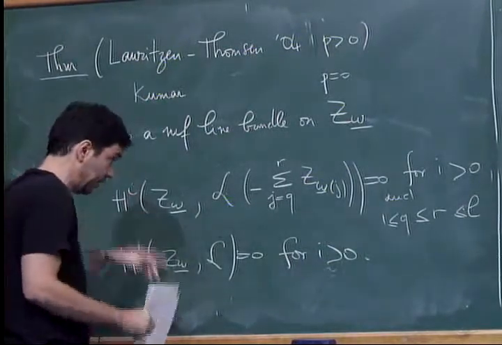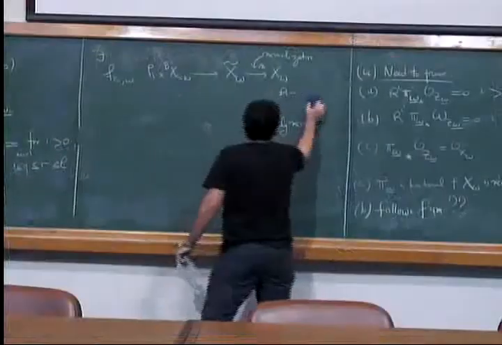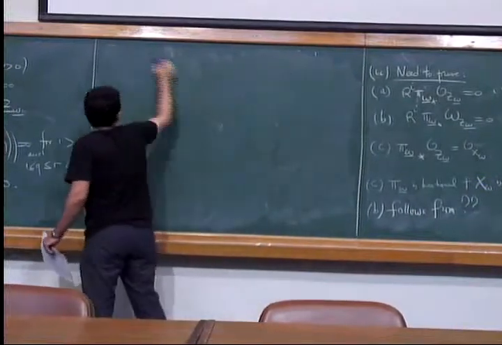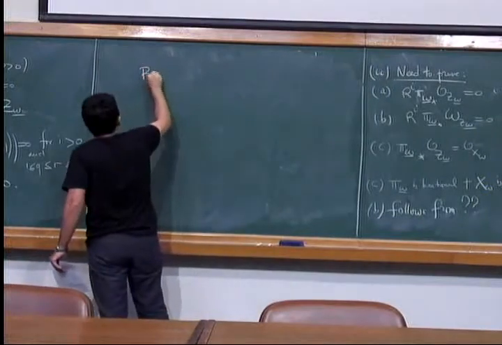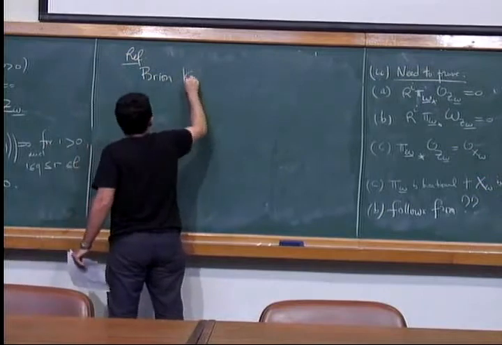And to conclude, I should say that if you want to learn properly all these things, there is a very good reference. This is a book by Brion and Kumar.